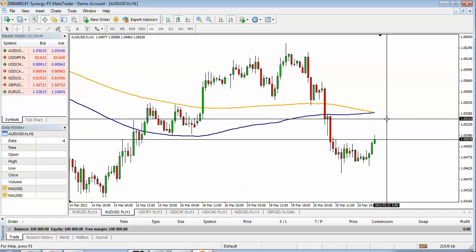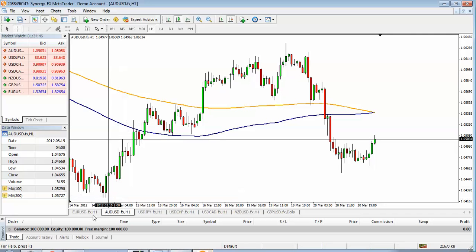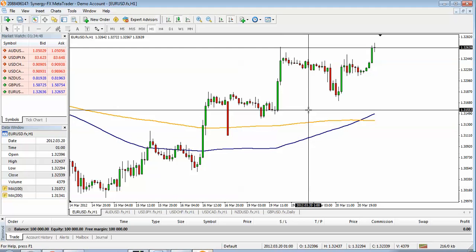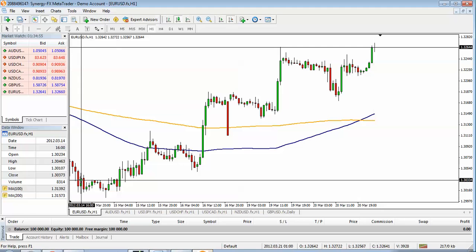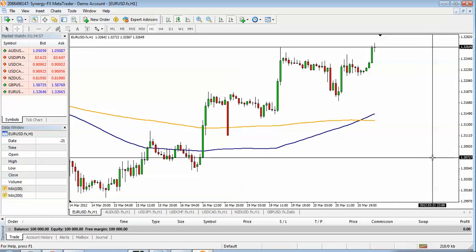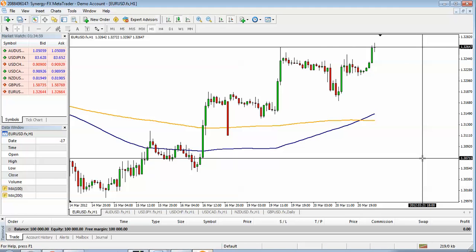Also to confirm my bias, I like to look at the euro just because I think it's definitely driving the markets right now. As you can see, the euro has been in a pretty strong uptrend here since the 14th. So we're looking at investors definitely pushing this higher. But as you can see, we have completed or almost completed a pretty strong and pretty obvious three-wave pattern.